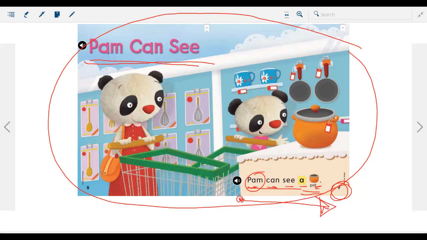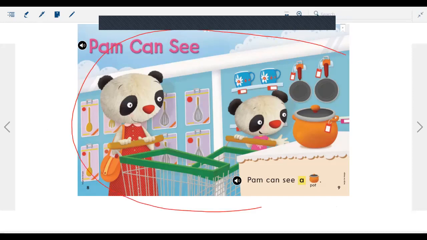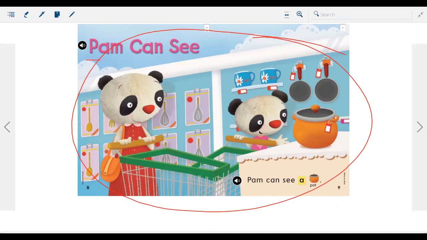So let's look at the illustration. And I want you to use the illustration, which is the picture. I want you to use the illustration and the title to predict who you think the story will be about and where the story takes place.